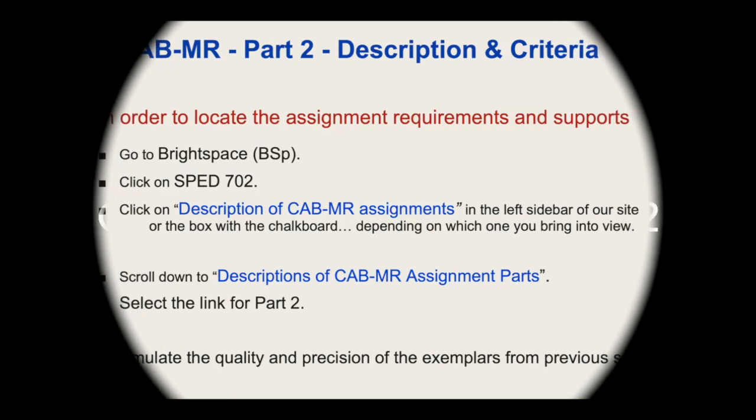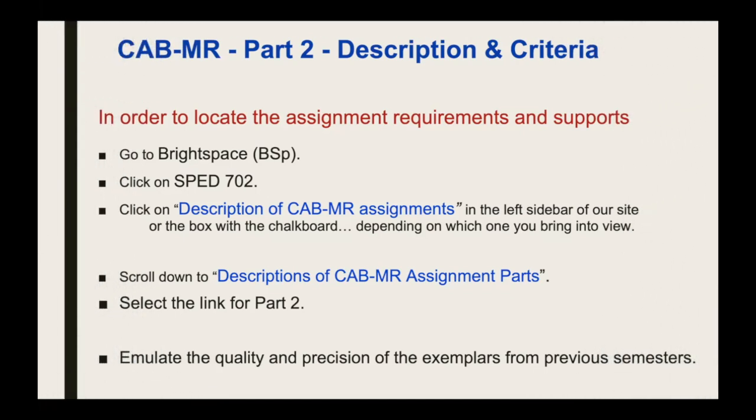Everything you need to know is on Brightspace, and you click on SPED 702, our class, and then scroll down to description of the CAB MR assignments. Depending upon how you access the content, there'll either be a left sidebar that says description of CAB MR assignment, or you'll see a box with the chalkboard in it.